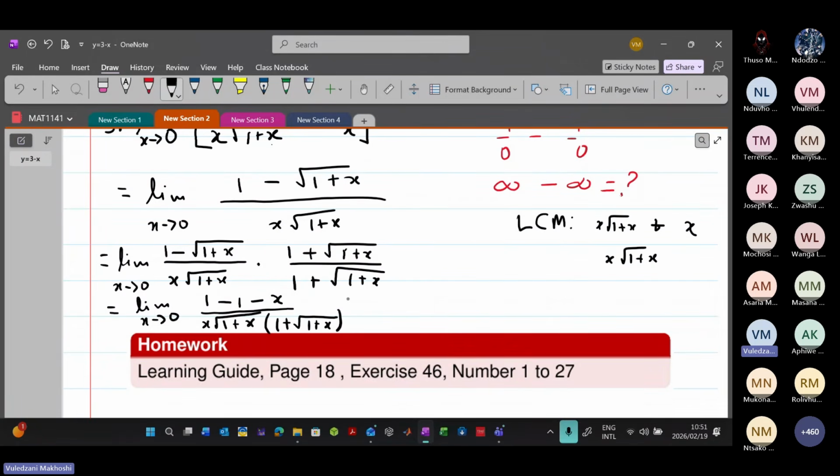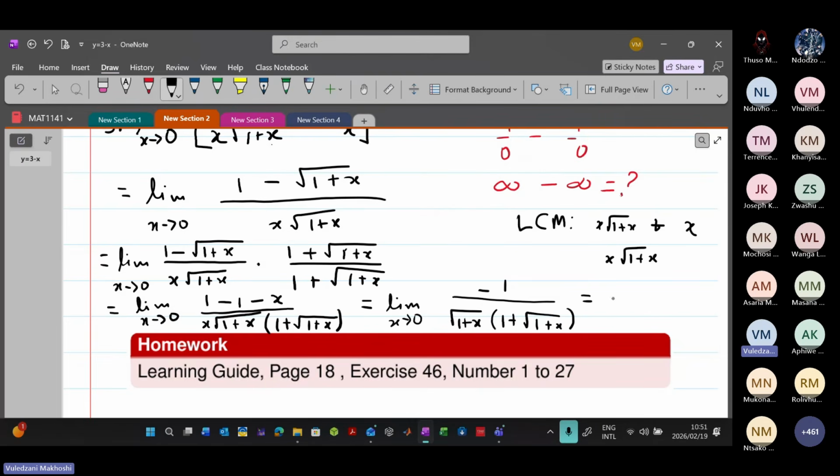That x and x will cancel. So we're left with the limit as x is approaching 0. 1 gone. This cancels with that. So we're left with minus 1 over square root of 1 plus x into 1 plus square root of 1 plus x, like that.